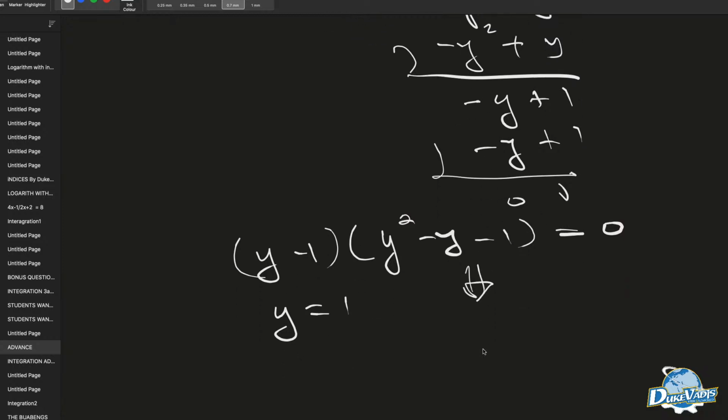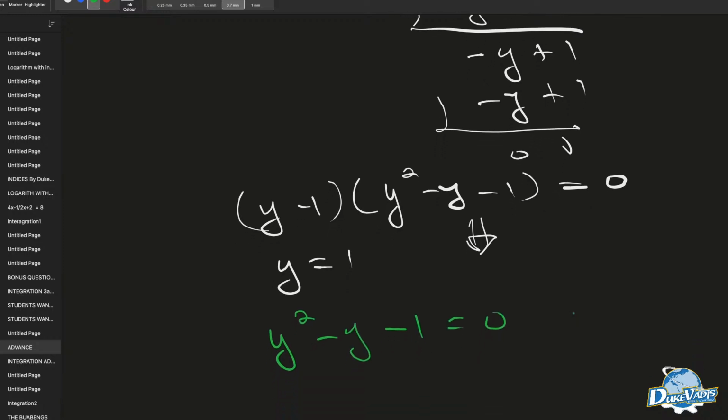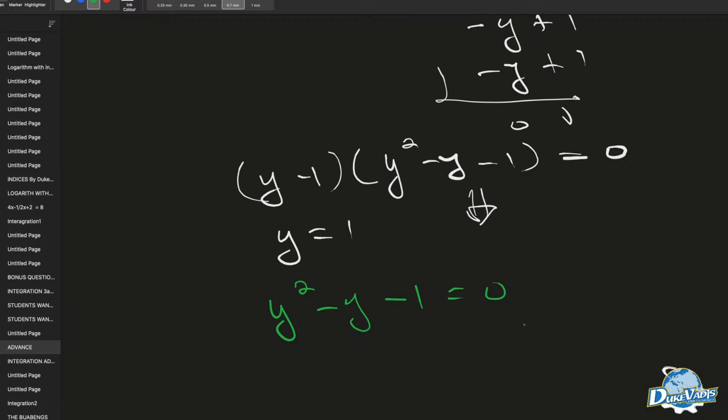Okay, so let's distinguish this equation. This equation y squared minus y minus 1 is equal to 0. We know that our a in this sense is equal to 1, and b is equal to -1, and c is equal to -1.